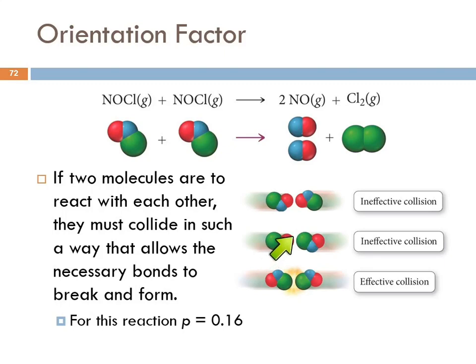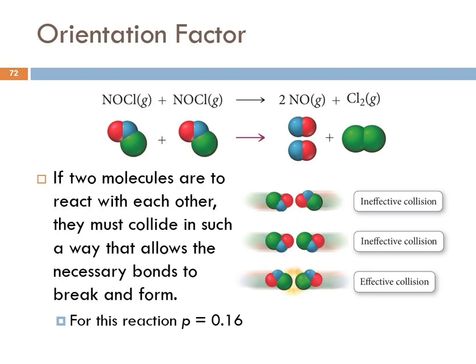If we've got a nitrogen running into the chlorine, we're not going to have an effective collision. We need to have the chlorine hitting the chlorine because the chlorines are going to bond to each other. Okay? So the chlorine ends have to hit in order for there to be a reaction.